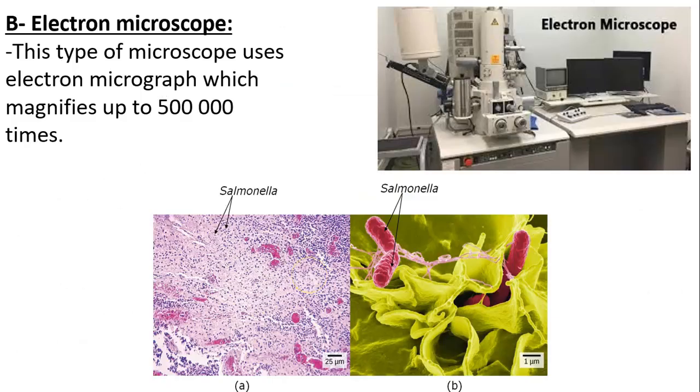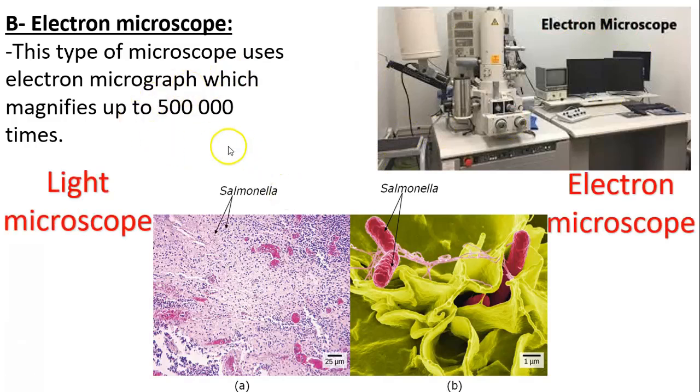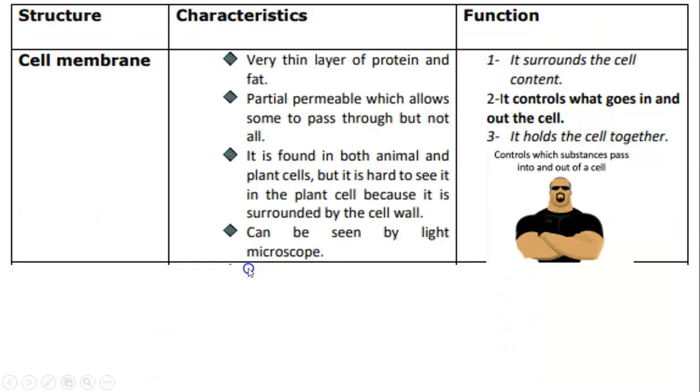If you think 1,500 is a big magnification, actually you need to look at the electron microscope, which magnifies the image up to 500,000 times. Can you see? This is the same organism while you're looking at it with the light microscope, and here while you're looking at it with the electron microscope. Can you see the difference?